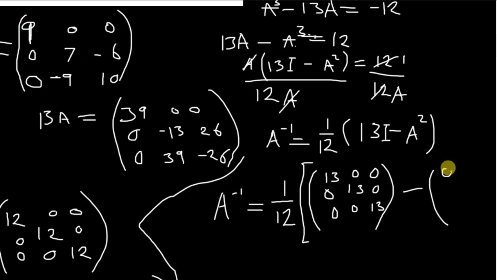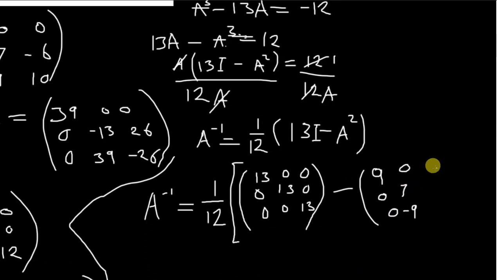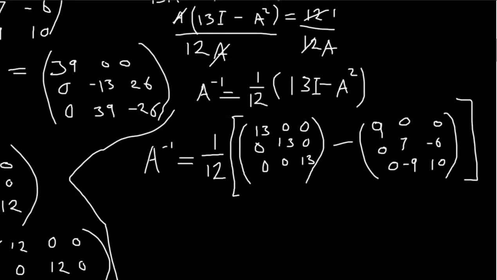So this is going to be 9, 0, 0, you have 0, you have 7, you have -9, then you have 0, -6, and 10. So this is what we're going to have.